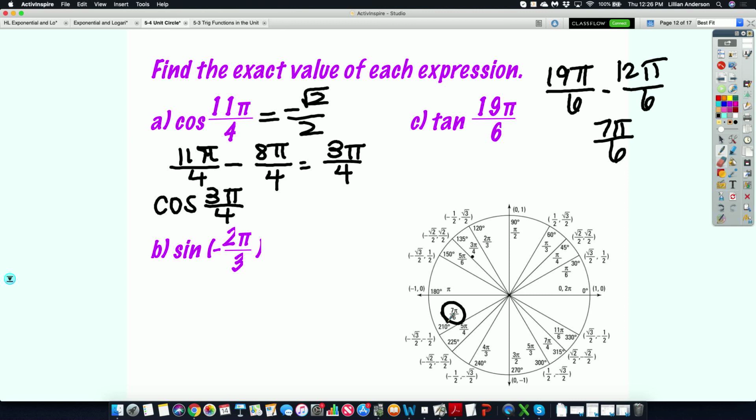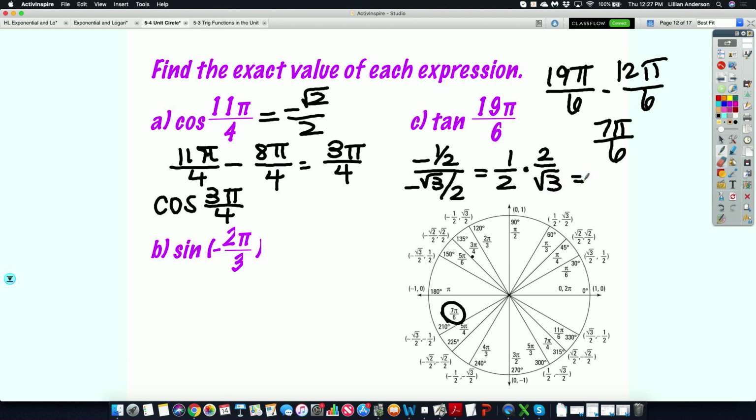And tangent is which coordinate over which coordinate? So I'm going to do y divided by x. Two negatives make a positive. And I'm going to have to do what with the fractions? Keep, change, flip. What happens to the 2's?